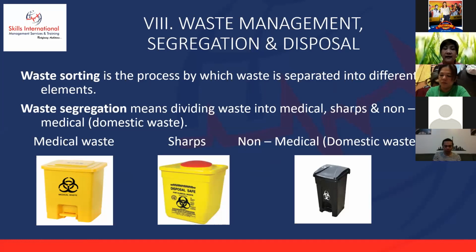So waste sorting is like all of the sharps should be on this side, and all of the infected materials which are going for the medical waste should be sorted out on the other side. So waste segregation means dividing waste into medical, sharps, and non-medical domestic waste. So we talk about it in our fundamentals, right?